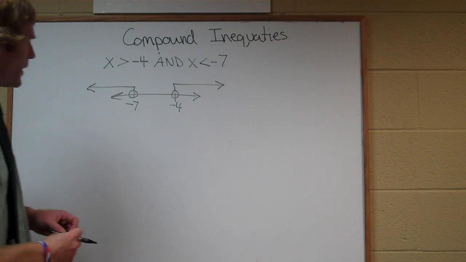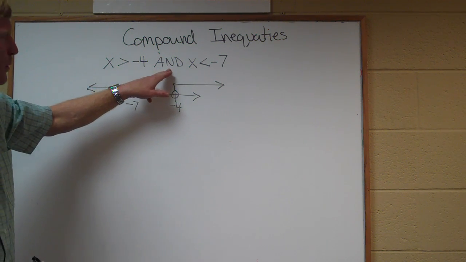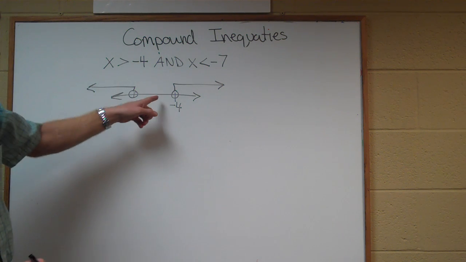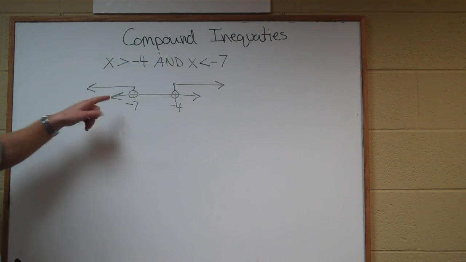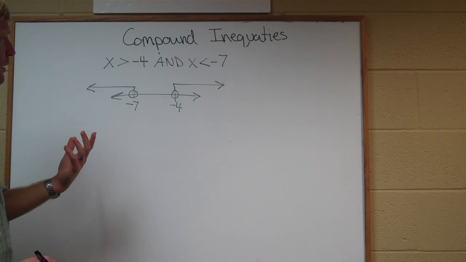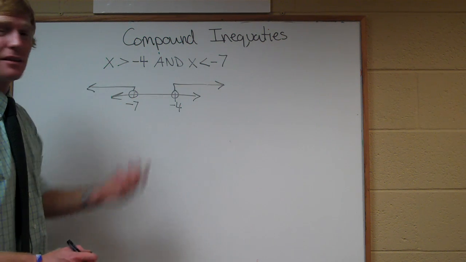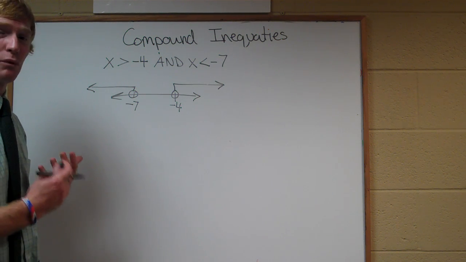Now look at that. In an AND statement, it has to satisfy both. So again, I'm looking for overlapping, where they share. And notice as I graph that they have no shared shaded region. So there is no value for x that's going to satisfy both. So there's actually no number that it works for.